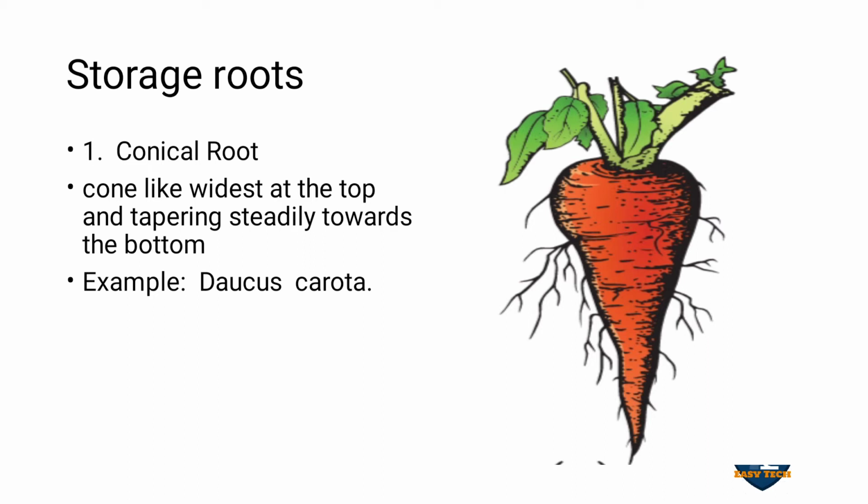Conical form, the example is carrot, and you can see the wider portion at the top and towards the end it tapers. So on the top it is wider and towards the bottom it tapers. Example, Daucus carota or carrot.